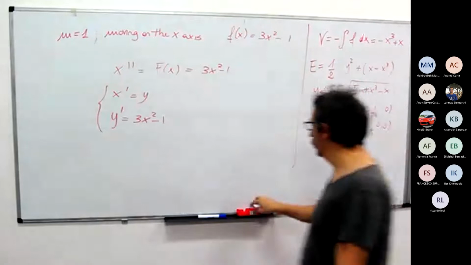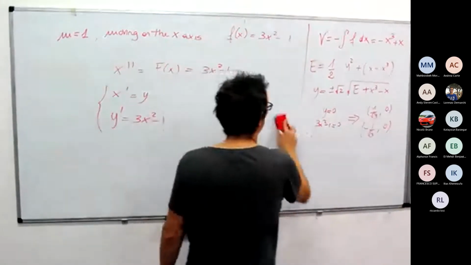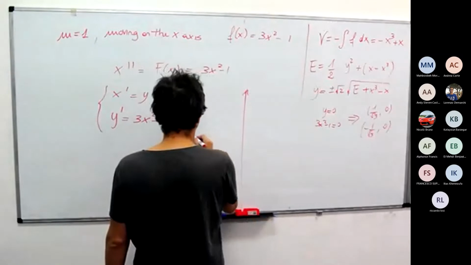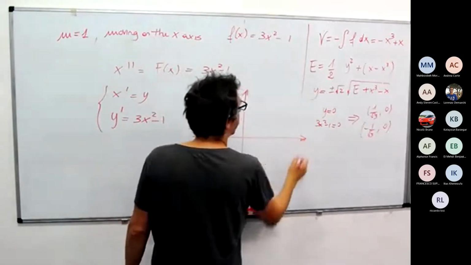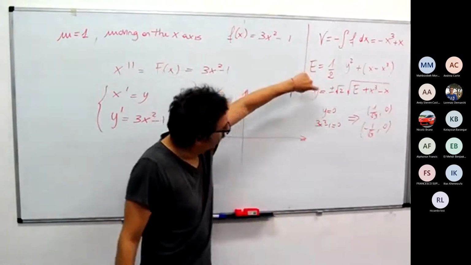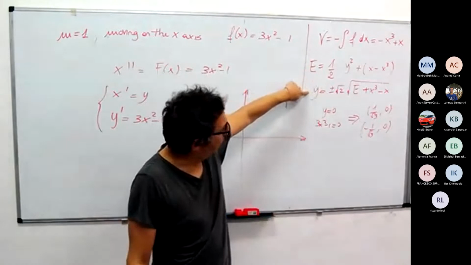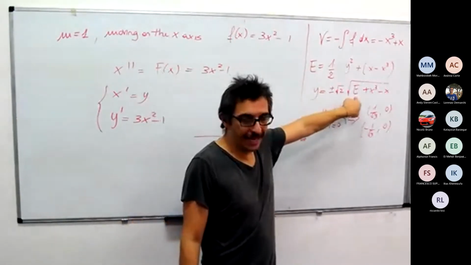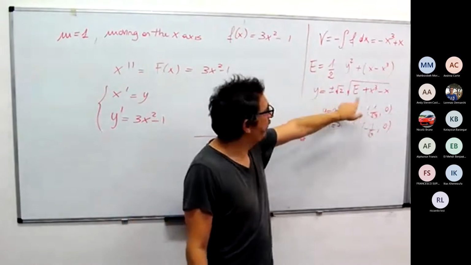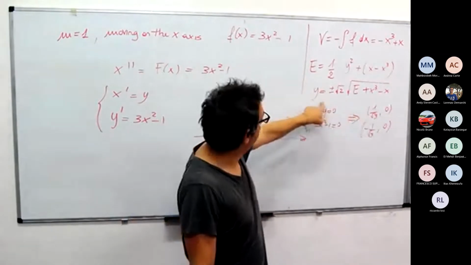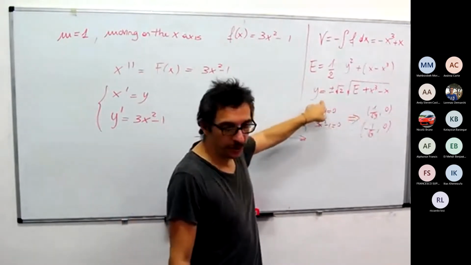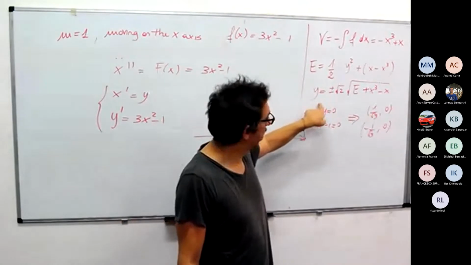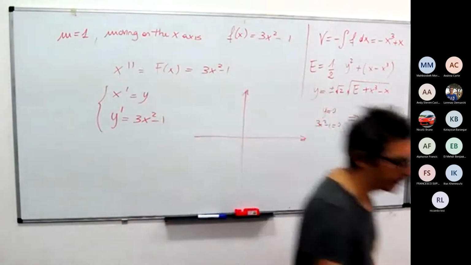So now what I can do is to plot these functions here when I'm changing the energy E. So I'm fixing E and I'm drawing the curves that I get from this function.